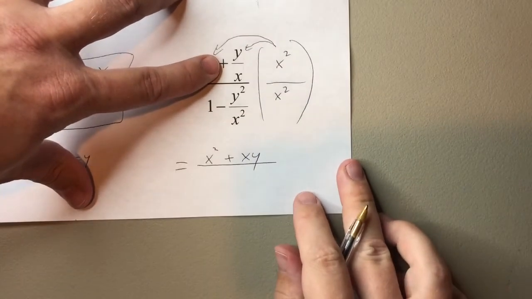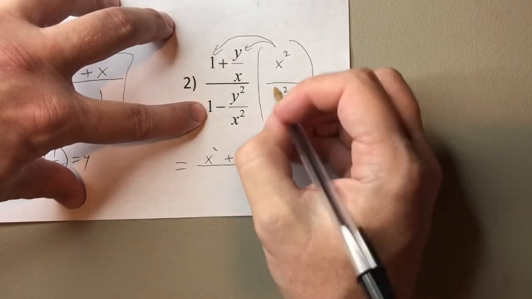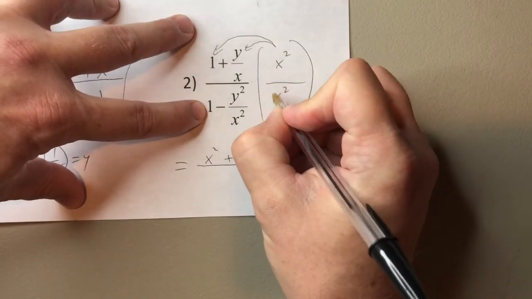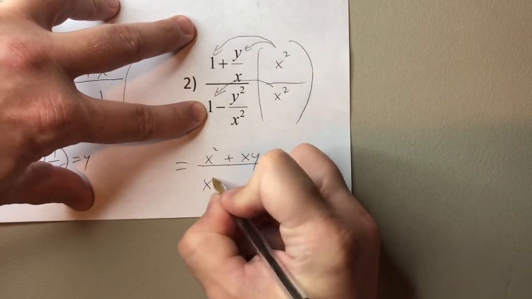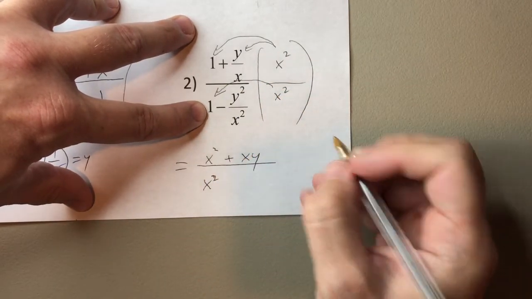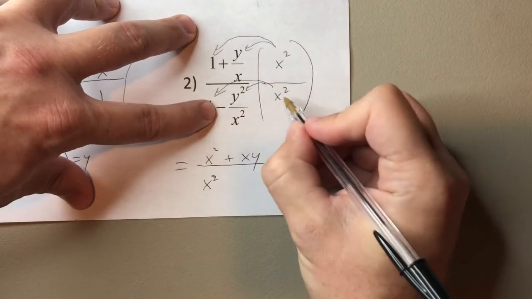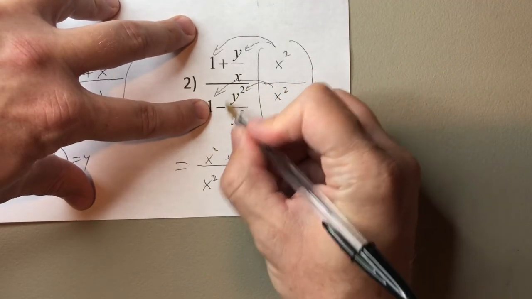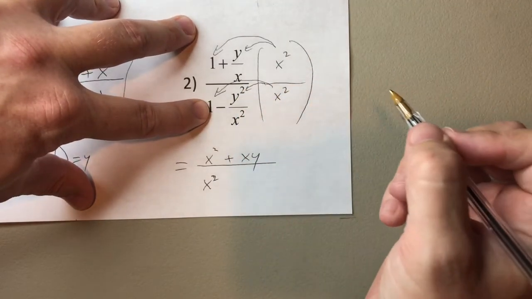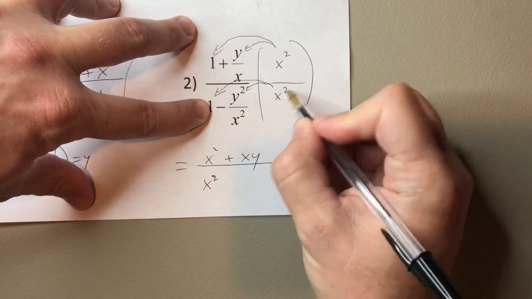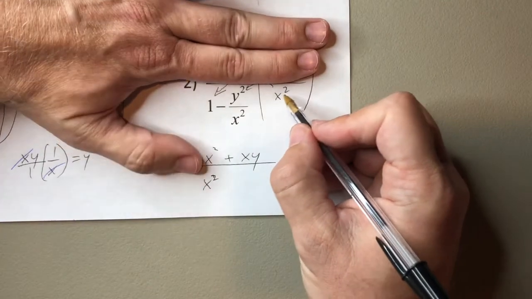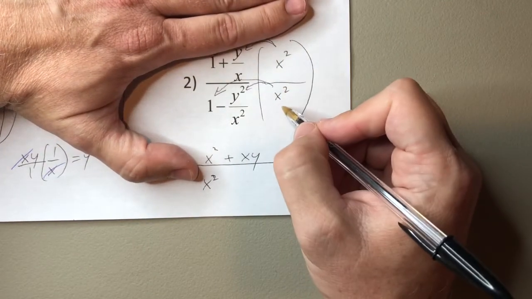Okay? In the denominator, you have 1 times x squared, that's x squared. And then you have, what? X squared times this, negative y squared over x squared. Here, again, folks, you have an x squared on top. This is understood, even though it looks like it is in the denominator of this fraction.